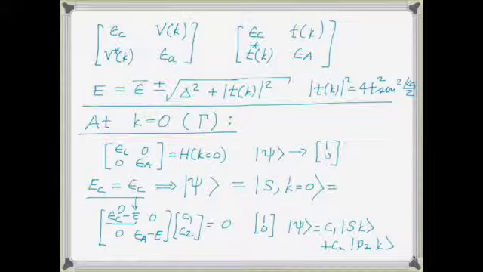I can go back and write that out. That's 1 over root N, sum over N, S, N. That's what that state is, because K equals 0. There's no phase factor. My e to the i K a term disappears, because K is 0. So it just means that your wave function, as I said at the beginning, is entirely sitting on the cation, and it has 0 weight on the anion in this simple model. The wave function is entirely sitting on the s orbital of the cation at the conduction band edge at K equals 0.